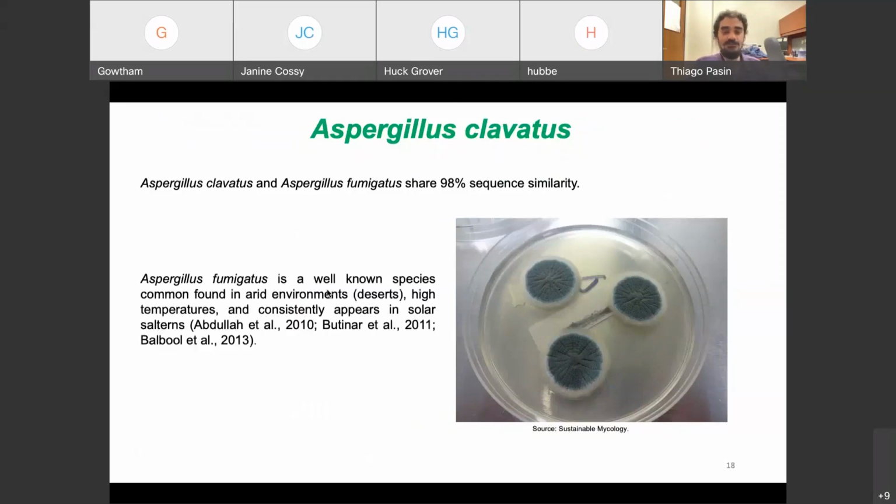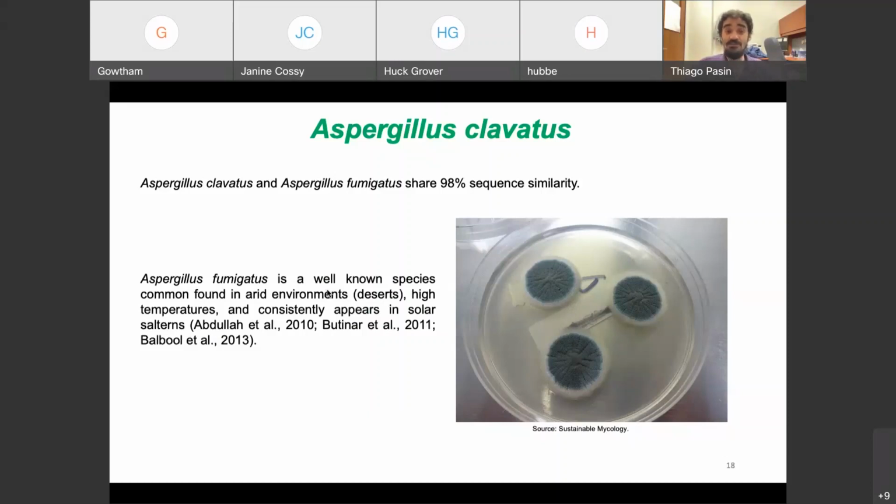inside their structure. And especially Aspergillus clavatus, which was used in this work, shares 98% sequence similarity with Aspergillus fumigatus. And Aspergillus fumigatus is a well-known species, commonly found in arid environments, high temperatures, and consistently appears in solar salterns.